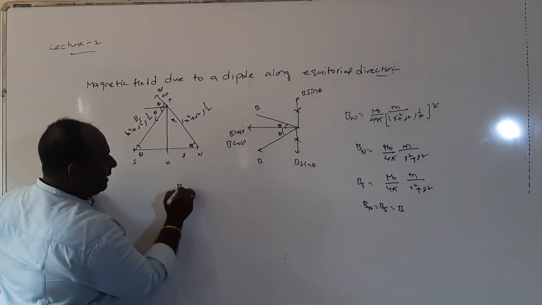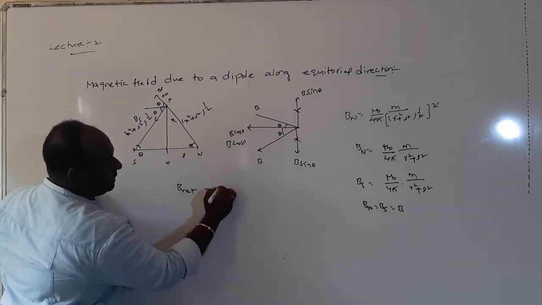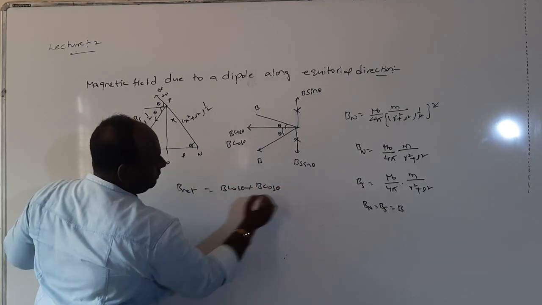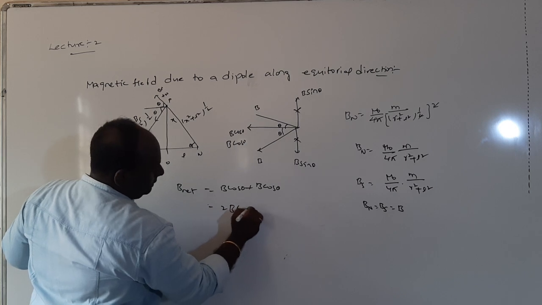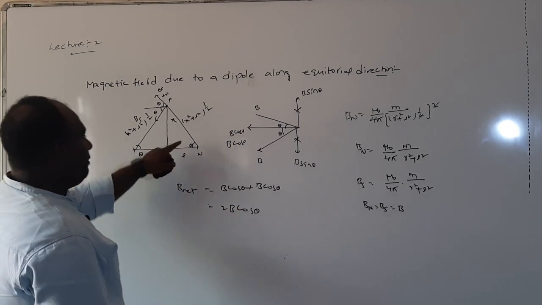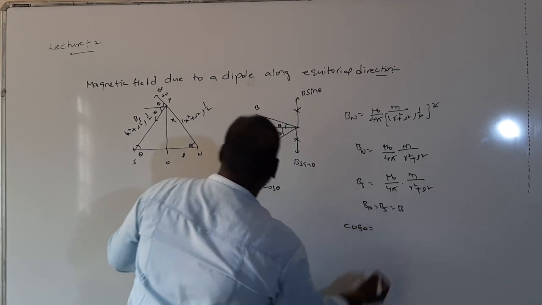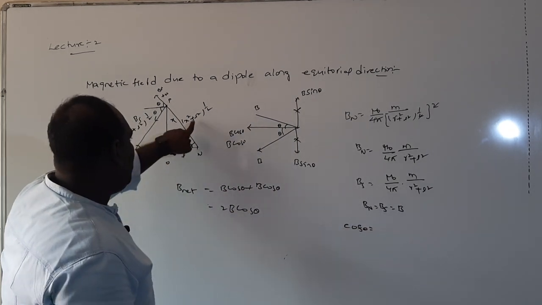So, B net magnetic field is equal to B cos theta plus B cos theta. So, what we will get, sir? 2B cos theta. From this triangle, what is cos theta? Cos theta is equal to adjacent side by hypotenuse.